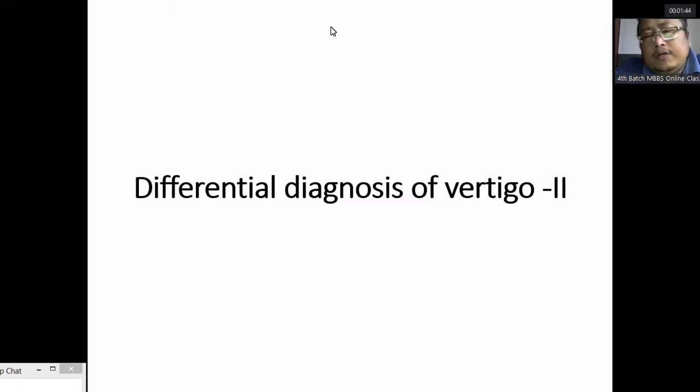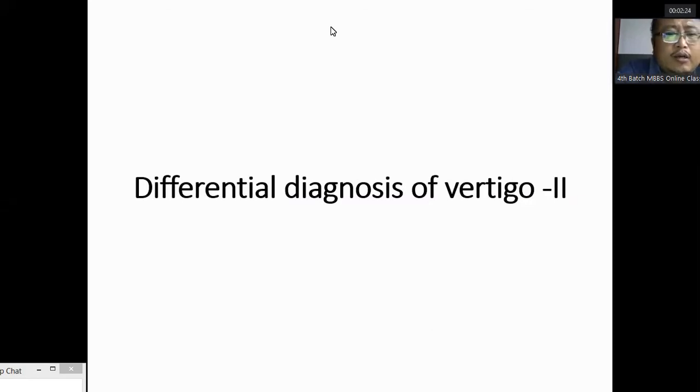When you reach internship or the medical officer level, and a patient comes to you in the general OPD or emergency complaining of dizziness or vertigo, you tend to ask about the vertigo: when did it first attack, how does it go, and so on.